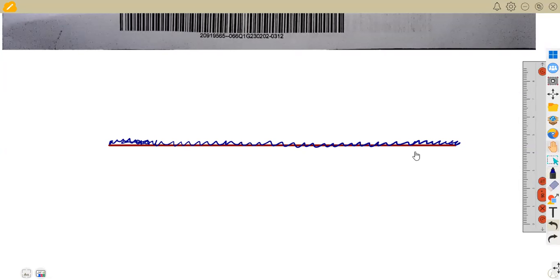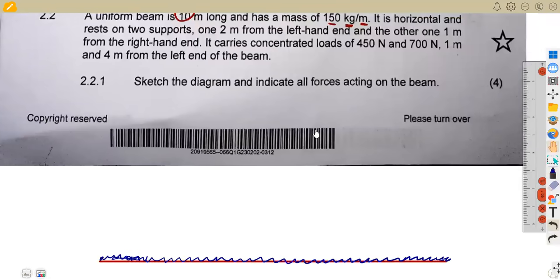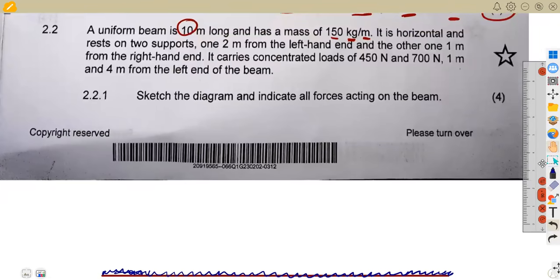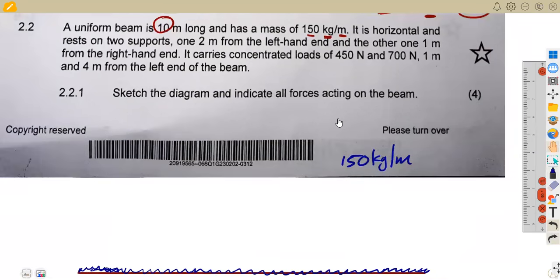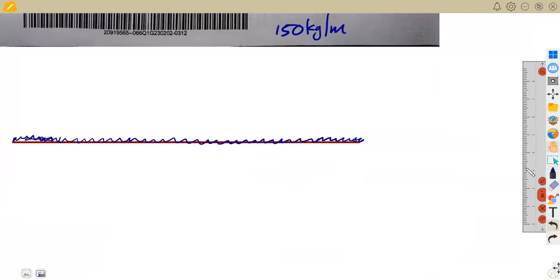So we've got 10 meters from the first point to the end point. It has 150 kilograms per meter. If it is distributed over the 10 meters, we are going to multiply by 10 to obtain it as a point load. But before that, this is mass, so you are supposed to have the force from gravitational force.